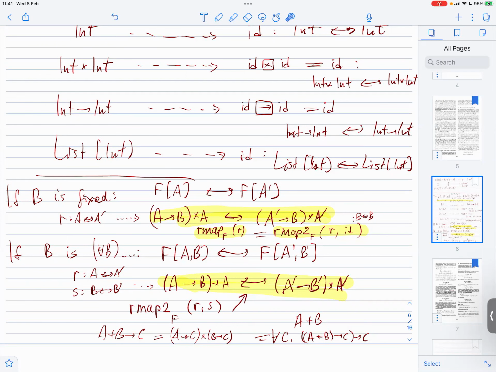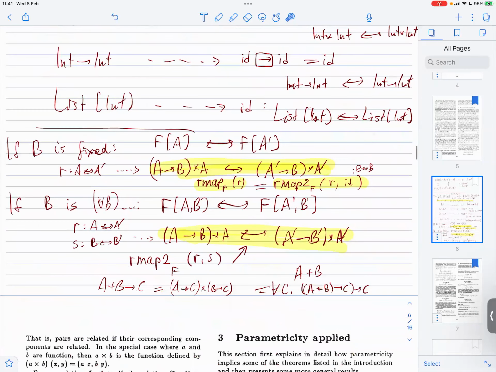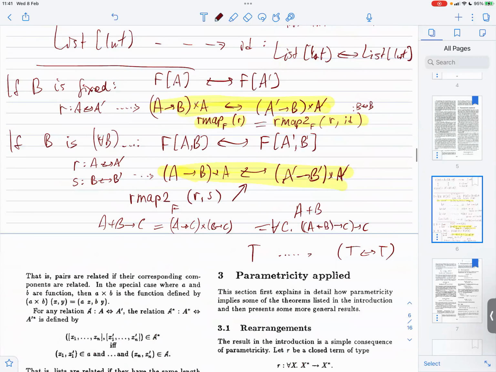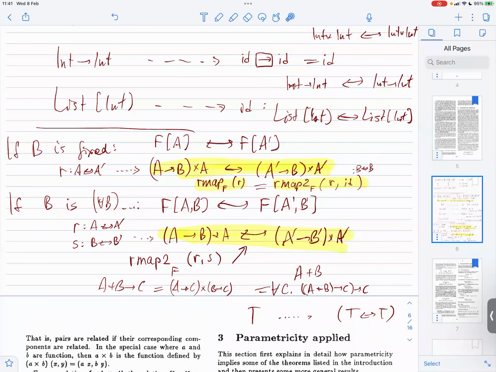It is not enough just to talk about relations between T and T. So type T, according to this paper, is translated into a relation between T and T. Now that is not enough, because type T could have universal quantifiers inside, and then you are forced to talk about relations of this kind or of this kind, and then you have to make distinctions between them.